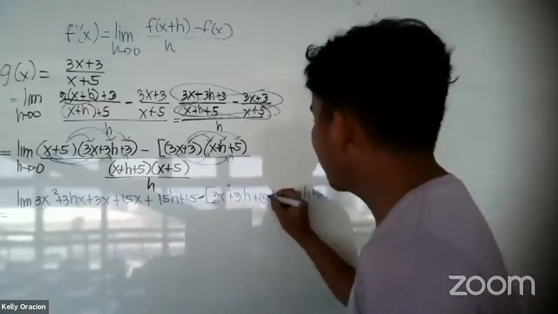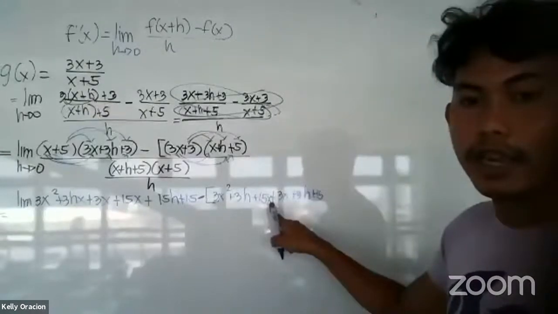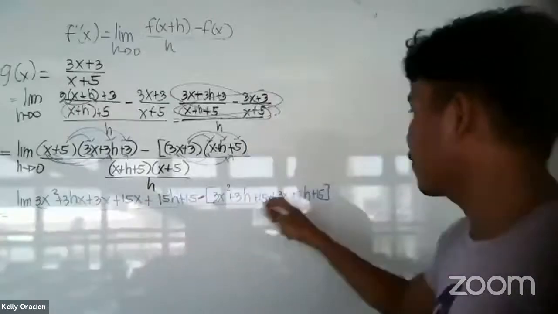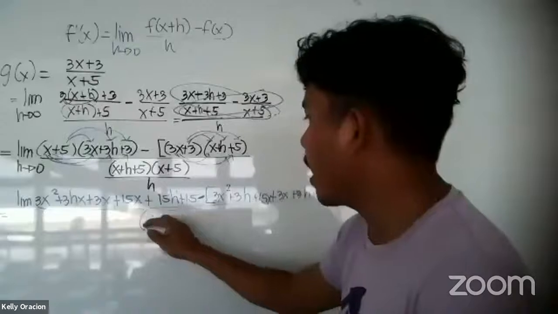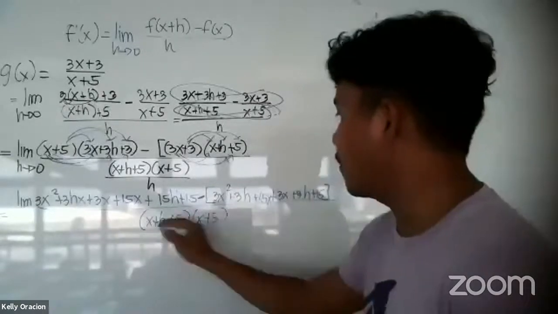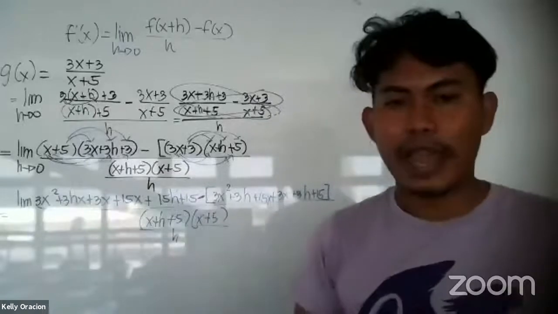Okay, I forgot to put x here. Nakalimutan ko lagyan ng x dito. Sorry. 15, yan. Over x plus h plus 5, x plus 5 over h.